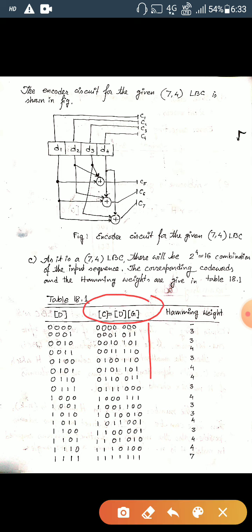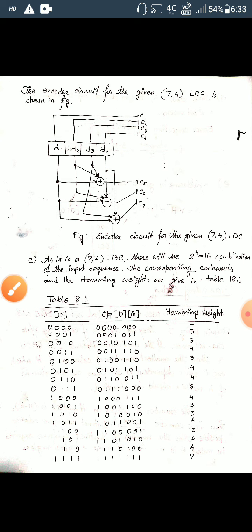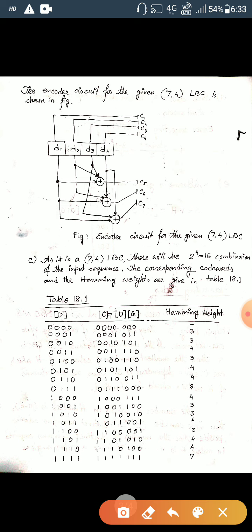For example, for the message 0010, the code word is 0010101. From the transmitter side it will be transmitted.